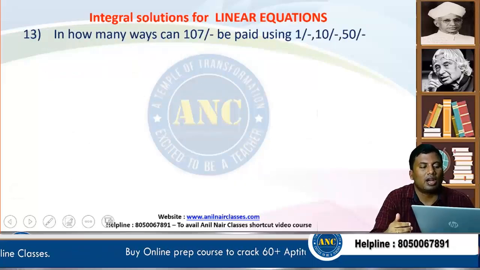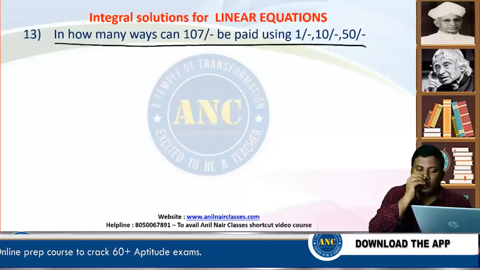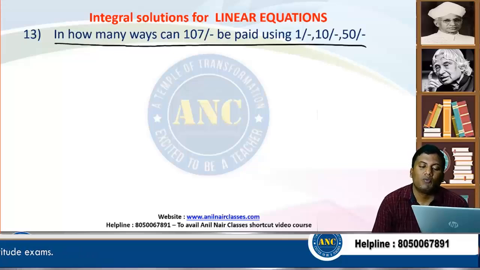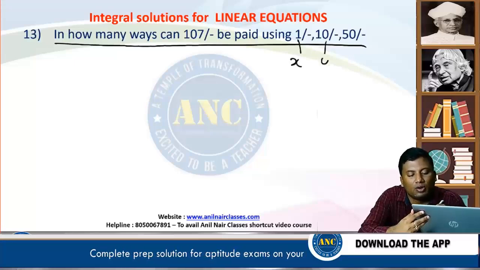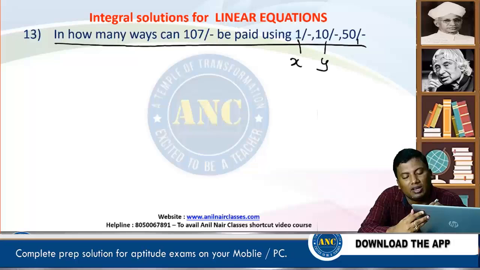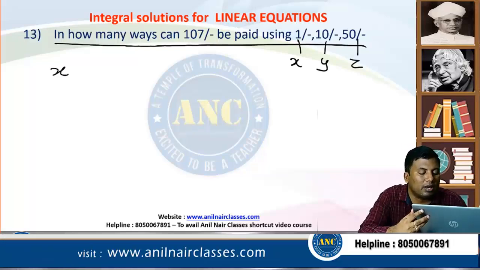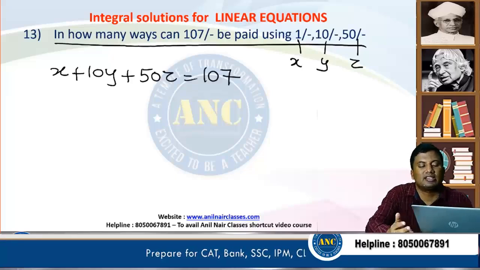The question can also be asked like this. In how many ways can 107 rupees be paid using 1 rupee, 10 rupees and 50 rupees? If I take x coins of 1 rupee, y coins of 10 rupees, and z coins of 50 rupees, the equation will become x plus 10y plus 50z is 107.